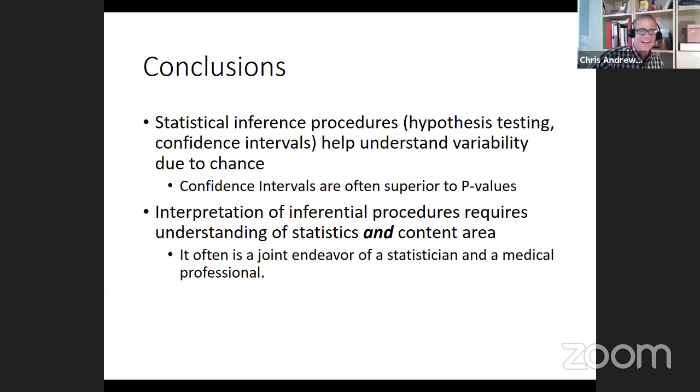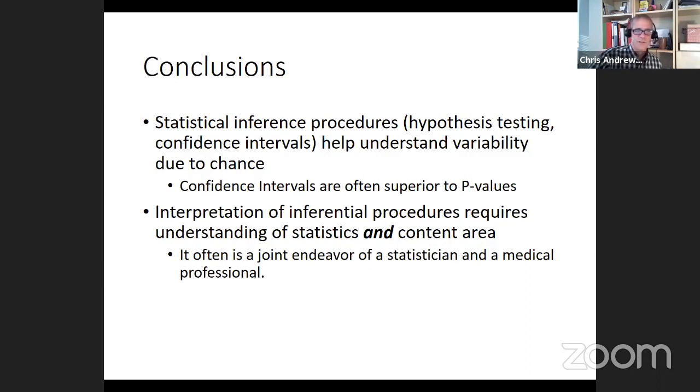Okay. So I'll wrap up with just a few statements about a few takeaway points. Statistical procedures help understand variability due to chance. So the hypothesis tests and confidence intervals are summarizing what variability can be explained just by the sampling process, the fact that we have a sample of people instead of all people in our study.